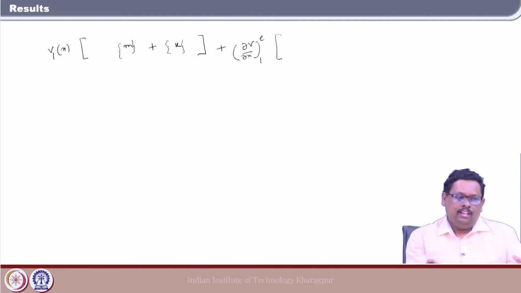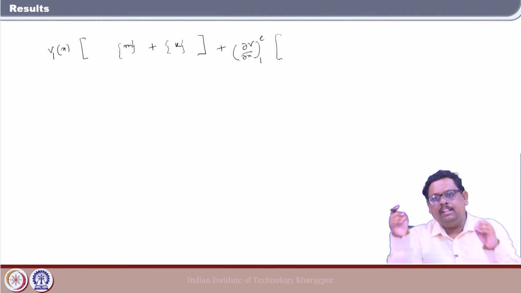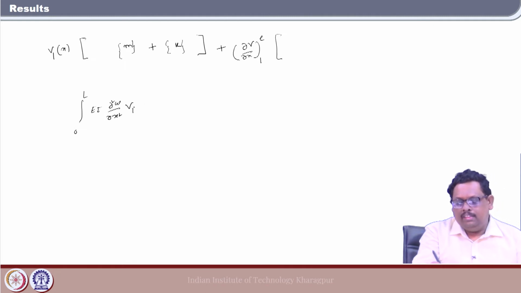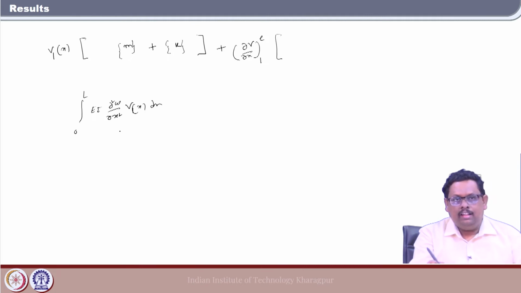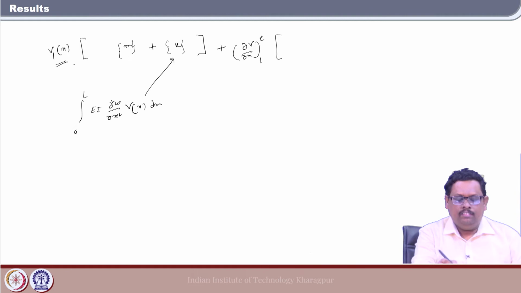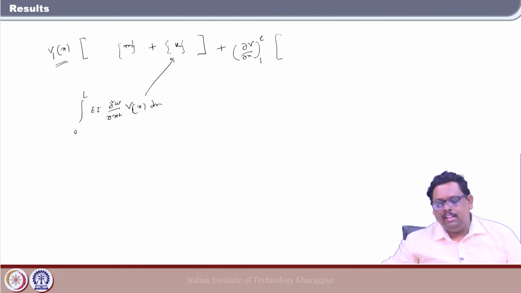As I said, you substitute everything in the second integral, that integral is nothing but 0 to L, E I del square W by del x square into V x into dx. So, here, if you split W and V again, with the test function, and you take everything common, then if you take common V 1 x, you have some component definitely here.